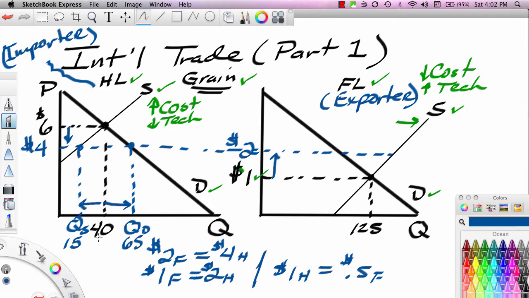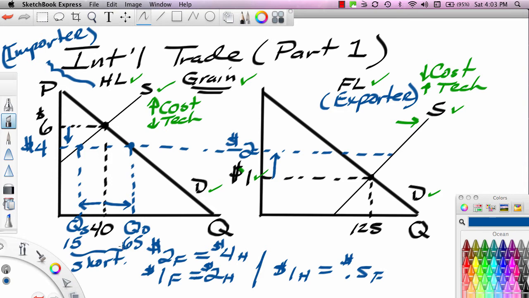But if there is trade, you have two markets coming together and really becoming one market. In Hillland, the price that Hilllanders will pay is 4. So domestically, you're going to be buying more grain, but you're actually going to be producing less. And this is going to produce a shortage of grain.